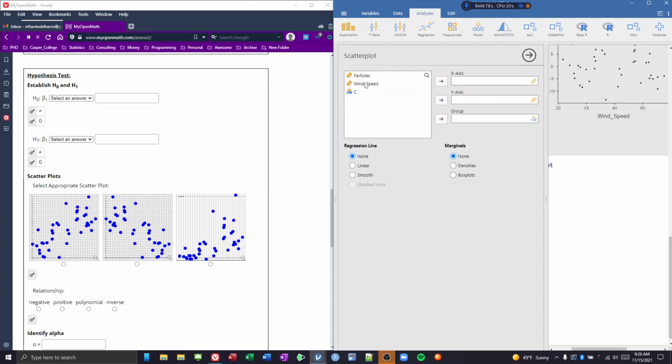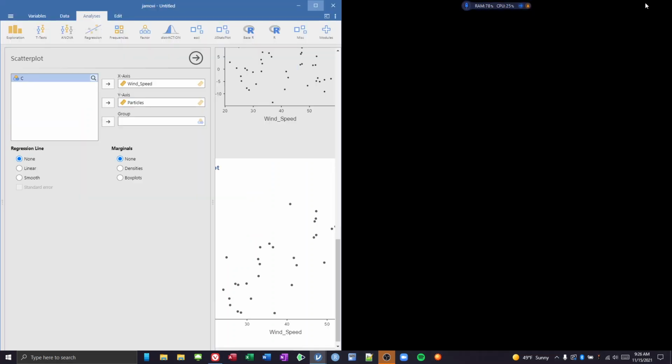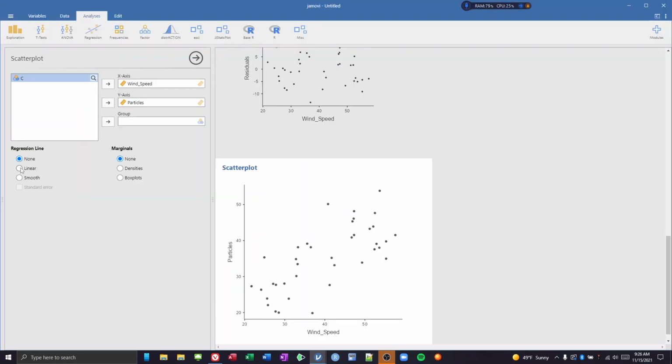Our x-axis is going to be our wind speed. Our y-axis is going to be our particulates. And let's go ahead and include our regression line, our linear regression line. And this is kind of what we are trying to get the equation for. And is this a significant line or is it an insignificant relationship? And it looks like we've got a pretty good relationship.